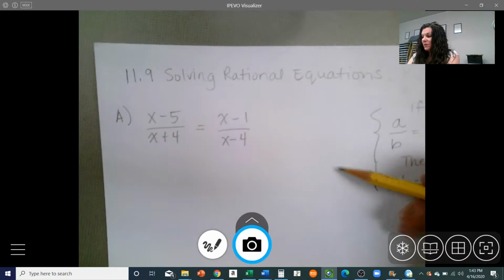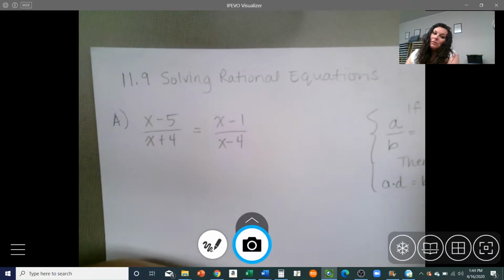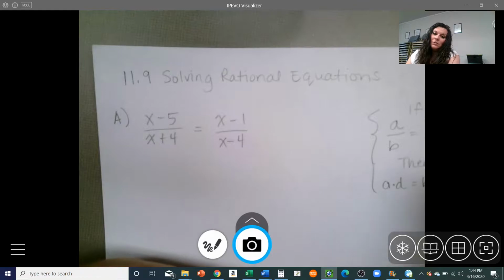This is a little bit different, and we'll talk about that as we go through. There will be values that we find for an answer when we solve them that are untrue in the equation, and those have a special term. We'll talk about that as we go along.